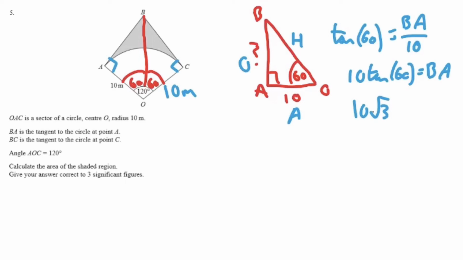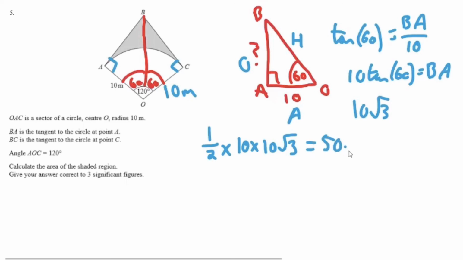Now that we know that this is going to be the height here, we can work out the area of this triangle. That's going to be half base times height. So half times a base of 10 times a height of 10 root 3. Well, 10 times 10 is going to be 100, half of that is 50, so the area of this is going to be 50 root 3.